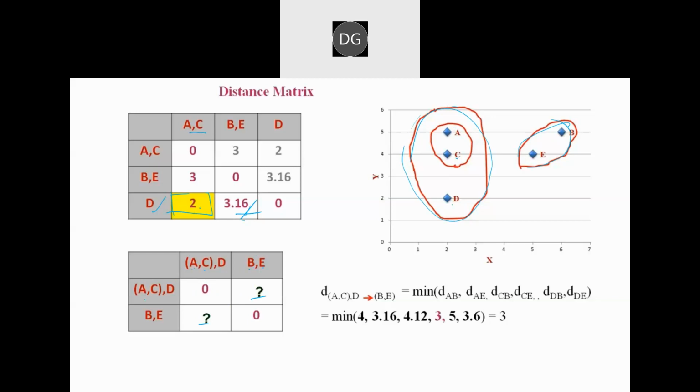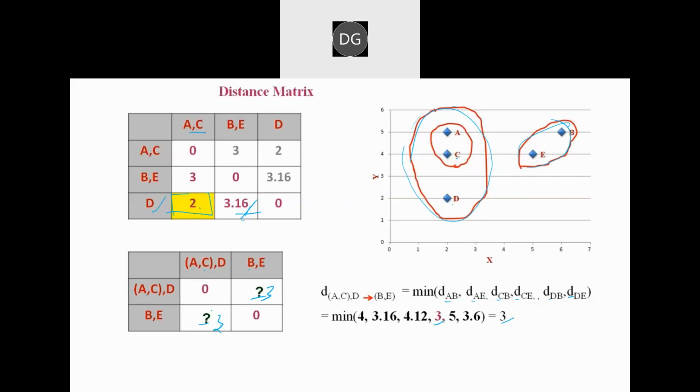Between A, C, D, what is the distance to B, E? For this we have six combinations. Out of the six combinations, three is the minimum value. So I will replace it with three.